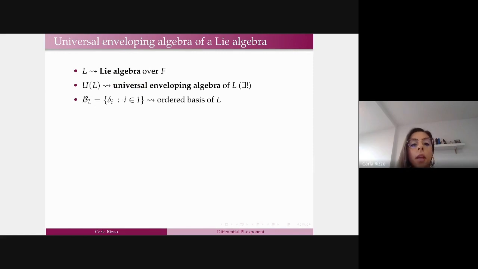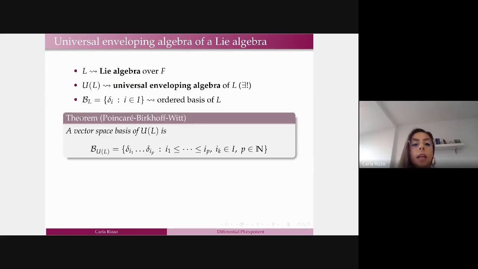We have a really strong property that comes from the Poincaré-Birkhoff-Witt theorem: if we fix an ordered basis of L, then U(L), our universal enveloping algebra, which is an associative algebra with unit, has as basis this one.